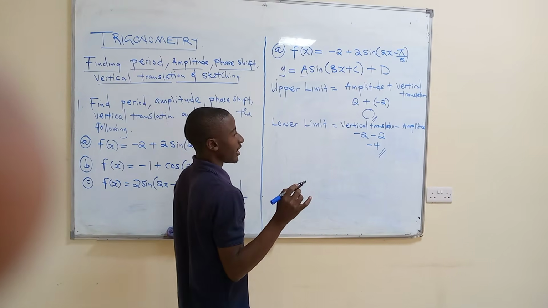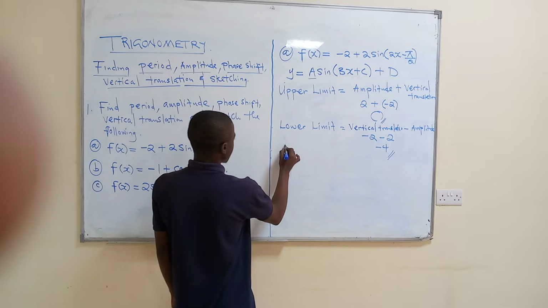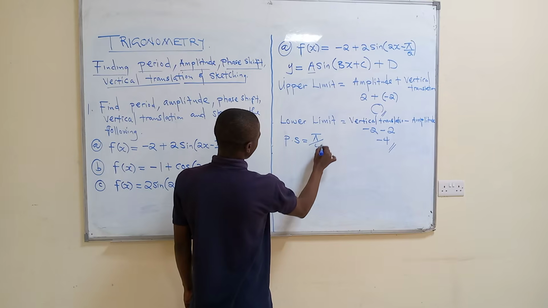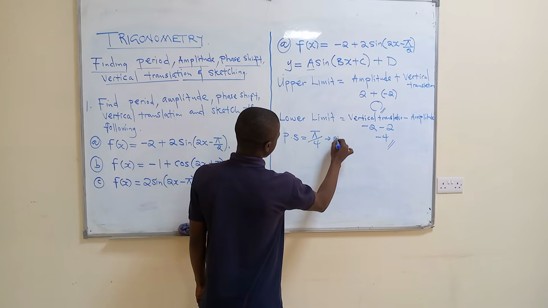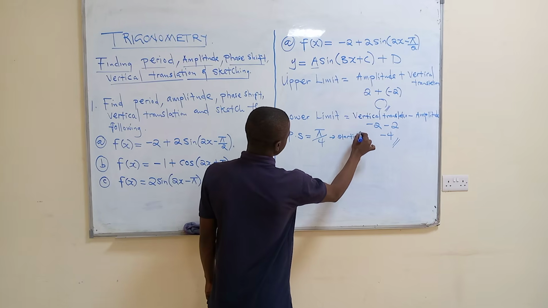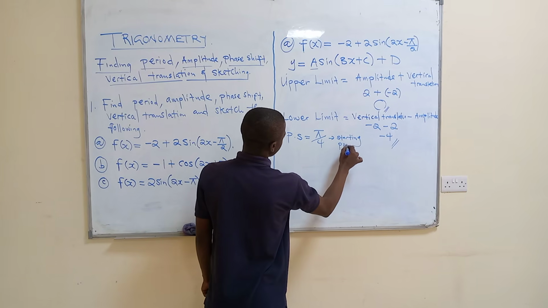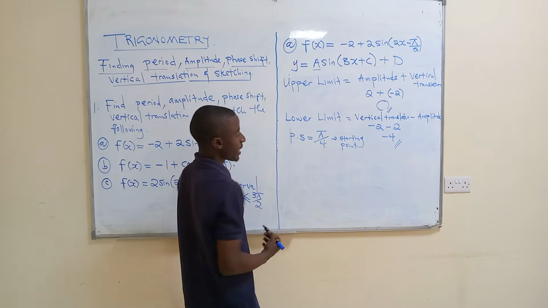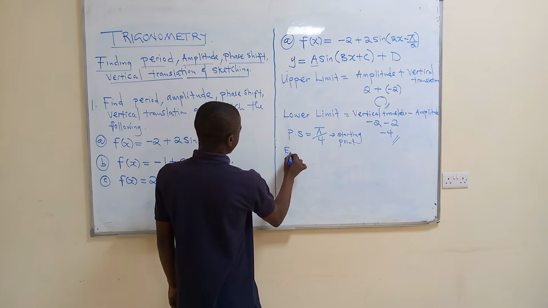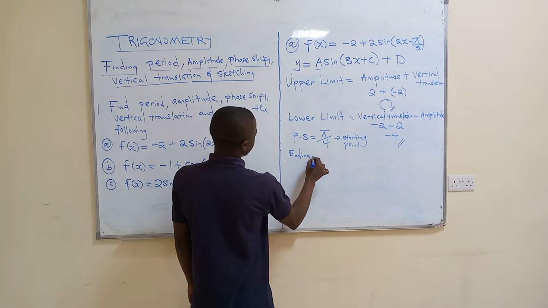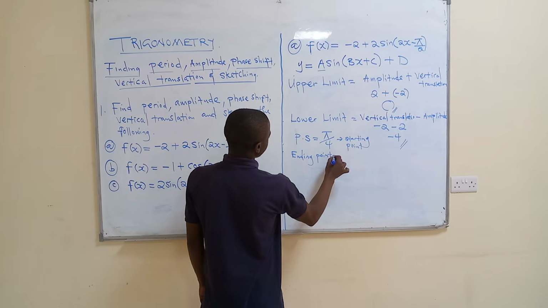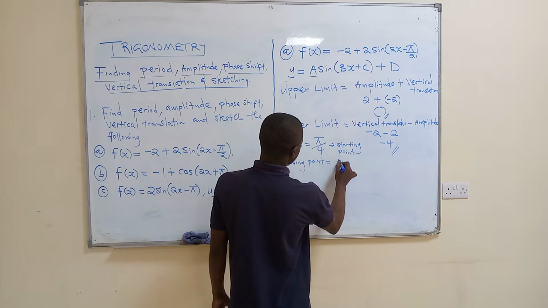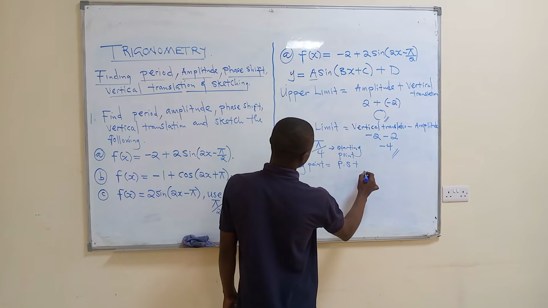So points to note is that phase shift 5/4, this is the starting point. Apart from that, how do we determine the ending point? Ending point is equals to what? Starting point, which is the phase shift, plus what?